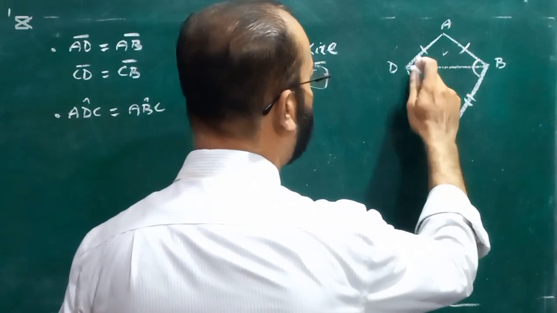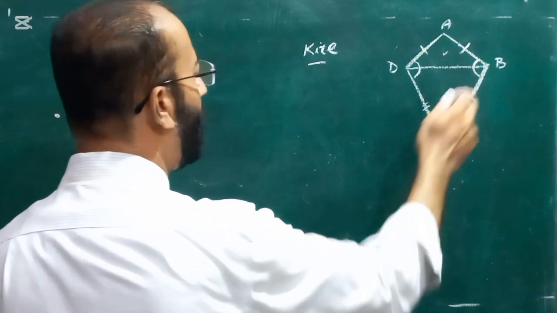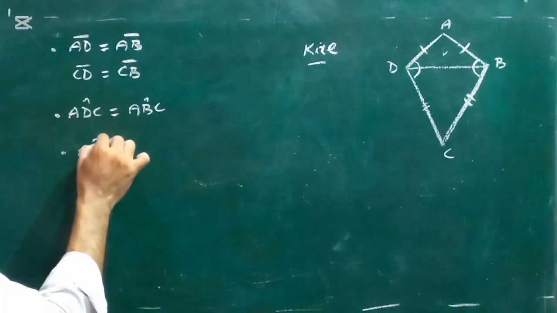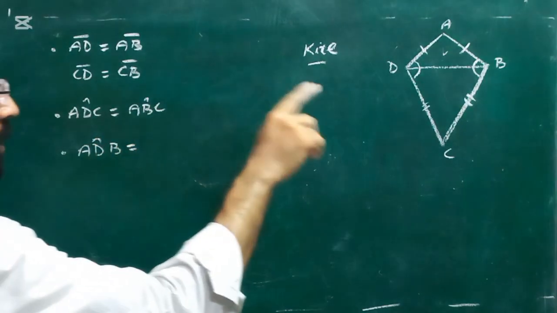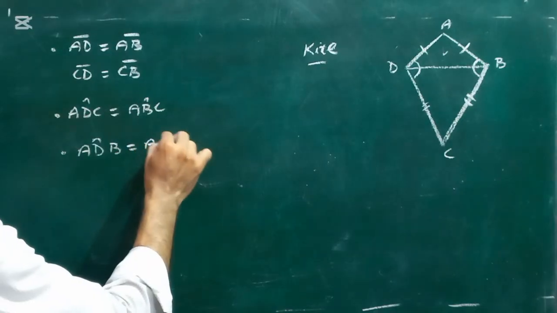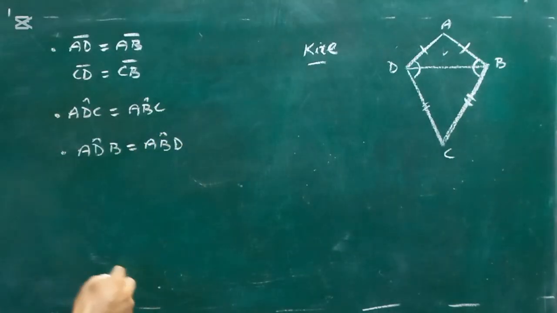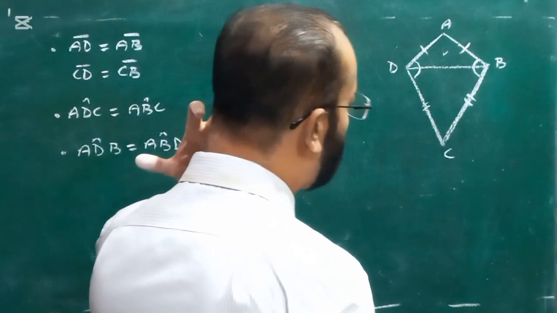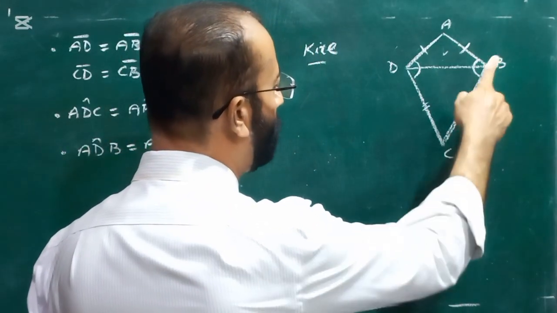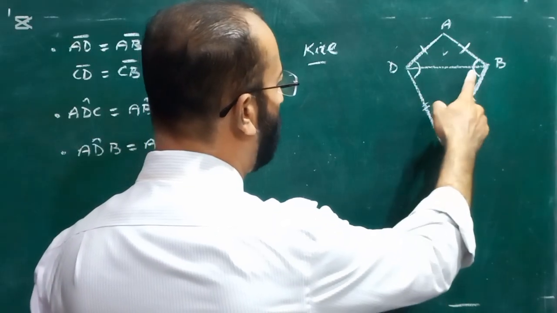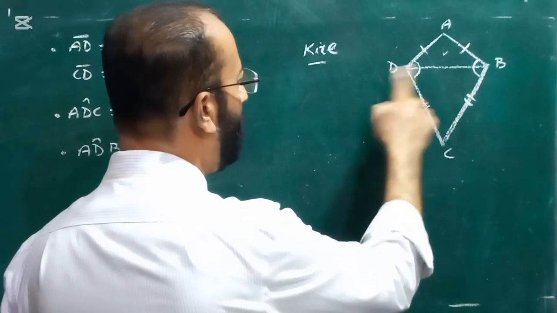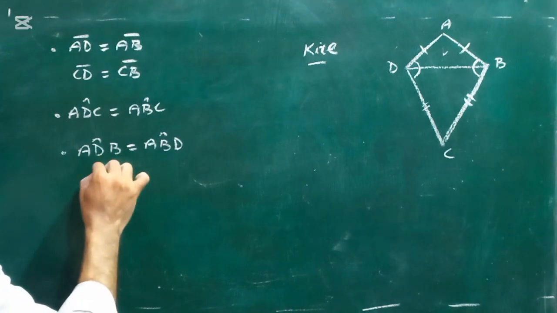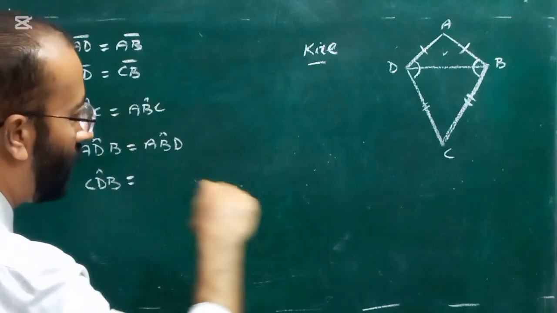So these two sides are equal, so their base angles will be equal. So it means ADB will be equal to ABD. Likewise, the lower triangle is also an isosceles triangle because CD is equal to CB. So their bottom angles will also be equal. So CDB is equal to CBD.